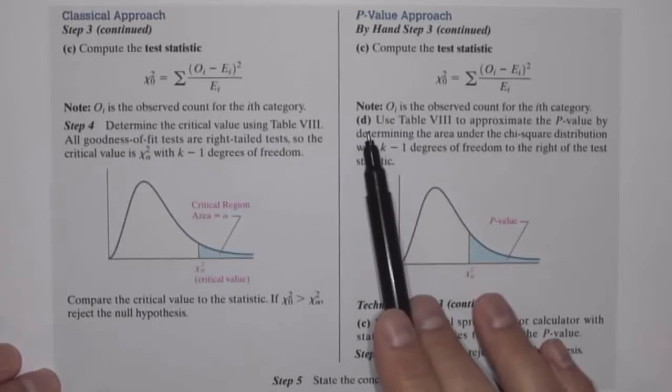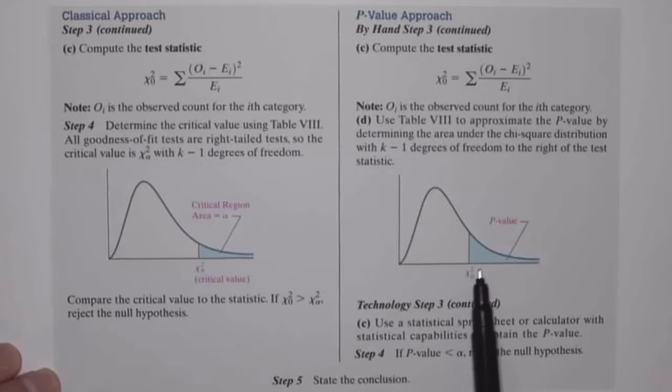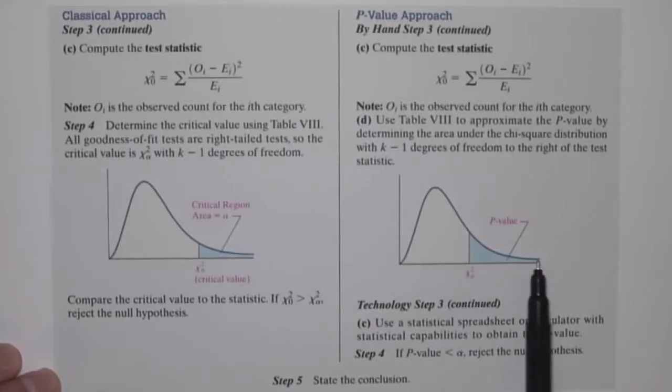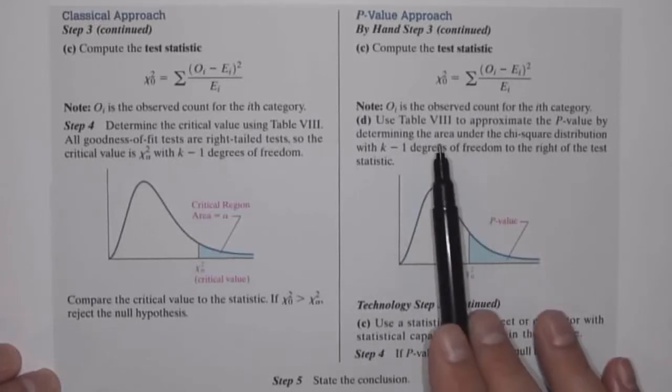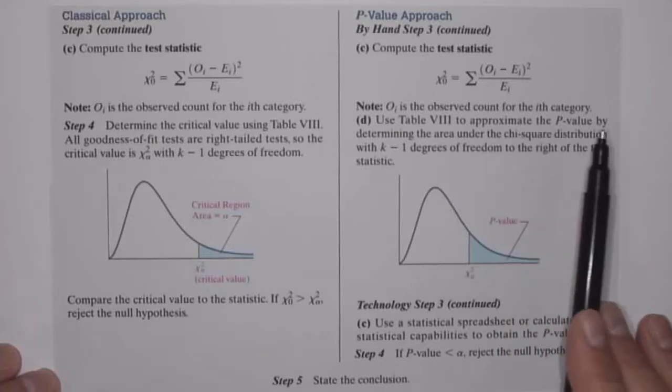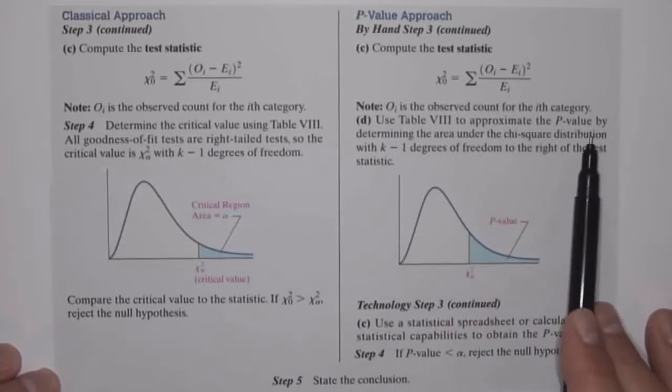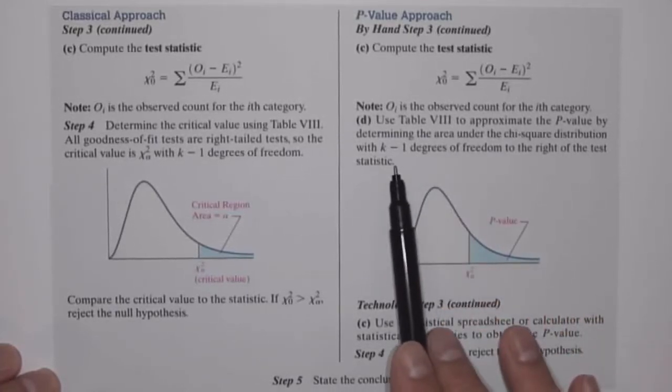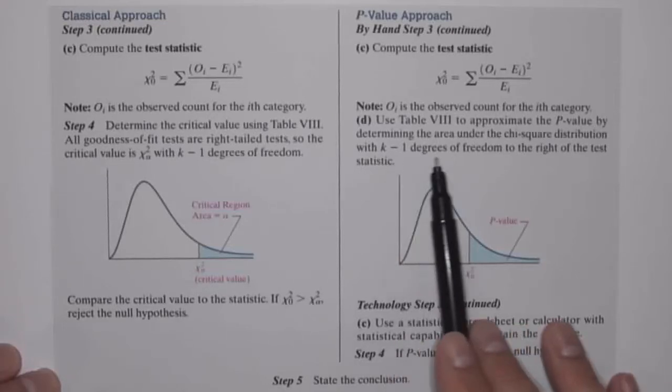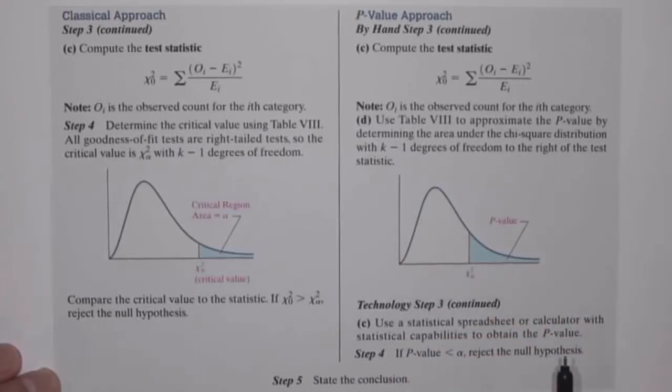Now, if we're going to use the p-value approach, then the p-value will be the area to the right of our test statistic. So again, this is always a right-tailed test, so the p-value will be the area to the right of that test statistic. So we can either approximate that p-value using table 8 from the appendix of our book, or we could use chi-square CDF in our calculator to find the p-value, or we could use the chi-square calculator in StatCrunch to find our p-value.